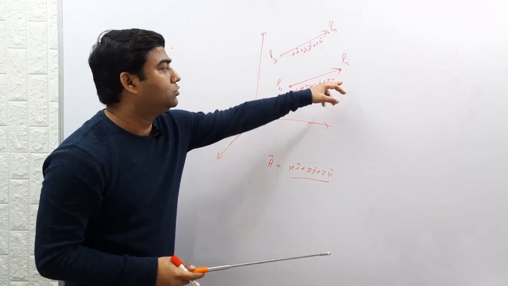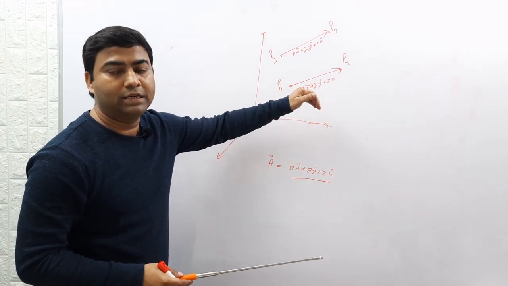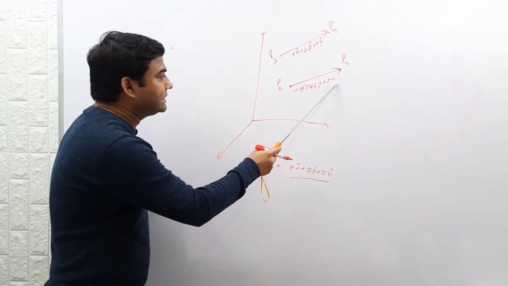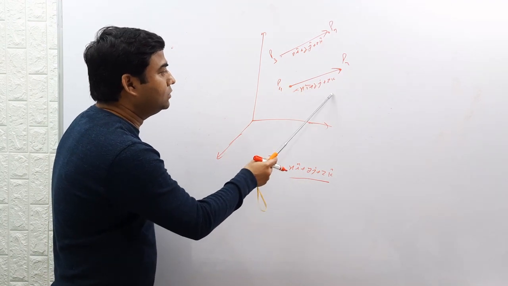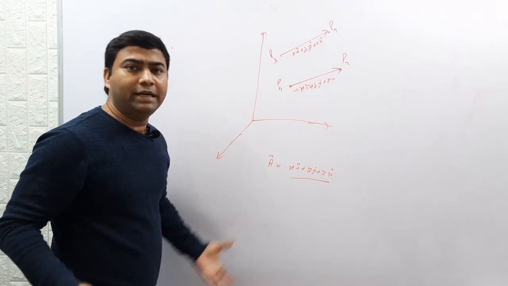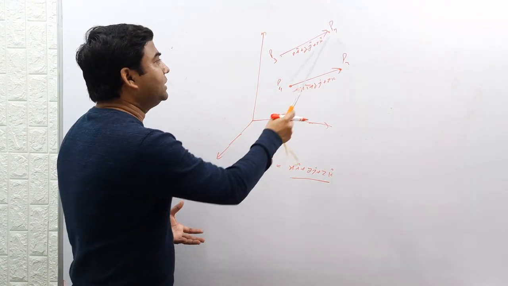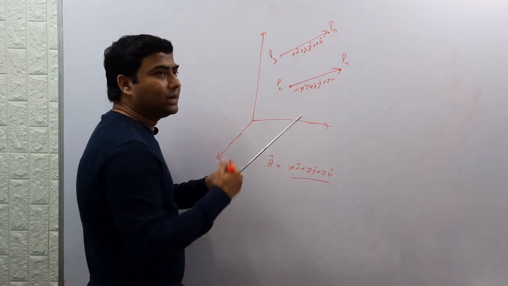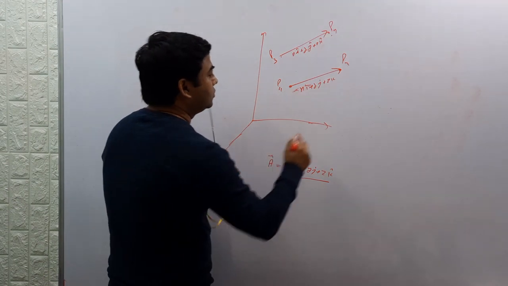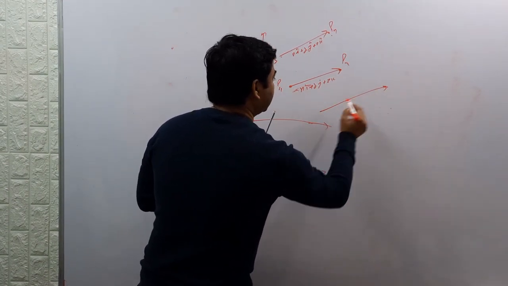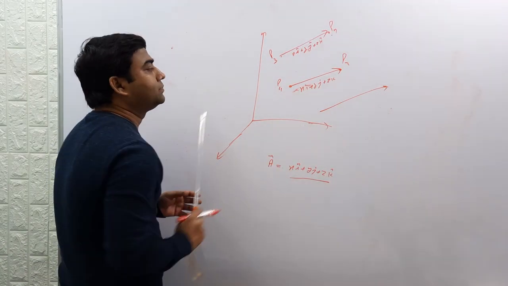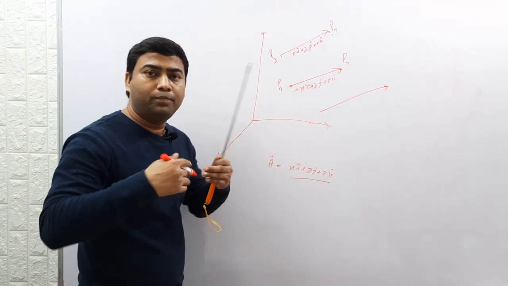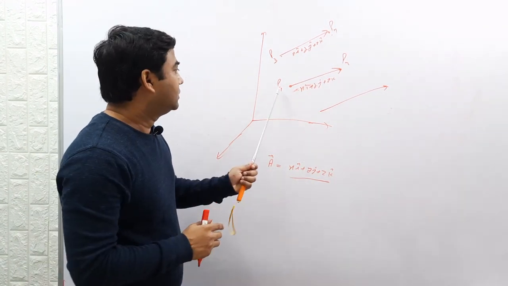We found the vector P1P2 by (x2 minus x1)i, (y2 minus y1)j, (z2 minus z1)k. Similarly, the same vector can be found for infinite number of combinations of points P3 and P4. There can be two other points whose x2 minus x1, y2 minus y1 will be the same. So there can be n number of vectors having the same expression. There are infinite number of pairs of points like this.